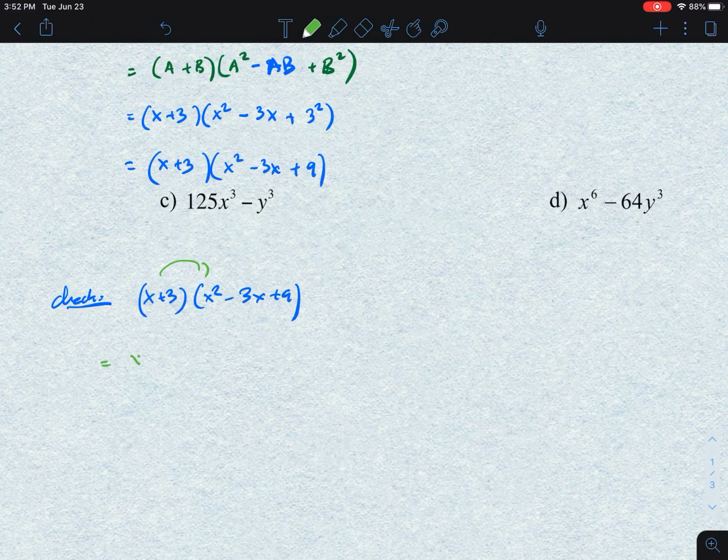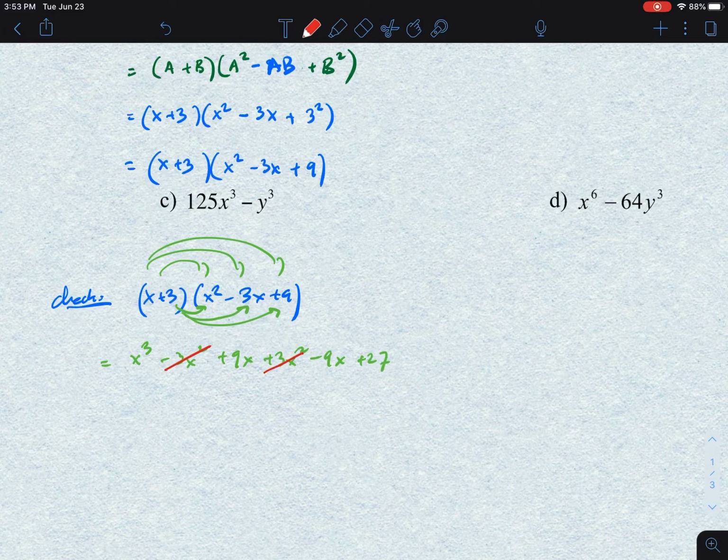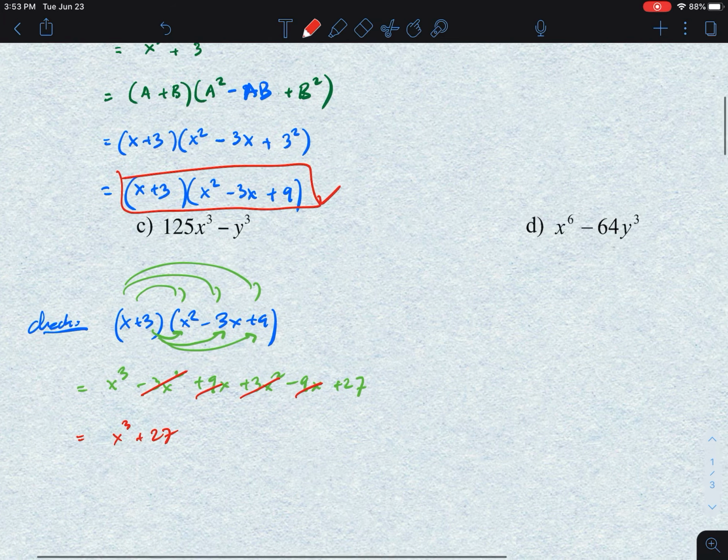We get x to the third minus 3x squared plus 9x, plus 3x squared, minus 9x plus 27. So positive and negative cancel, positive and negative cancel. So the answer is x to the third plus 27. So yes, this is the correct factoring.